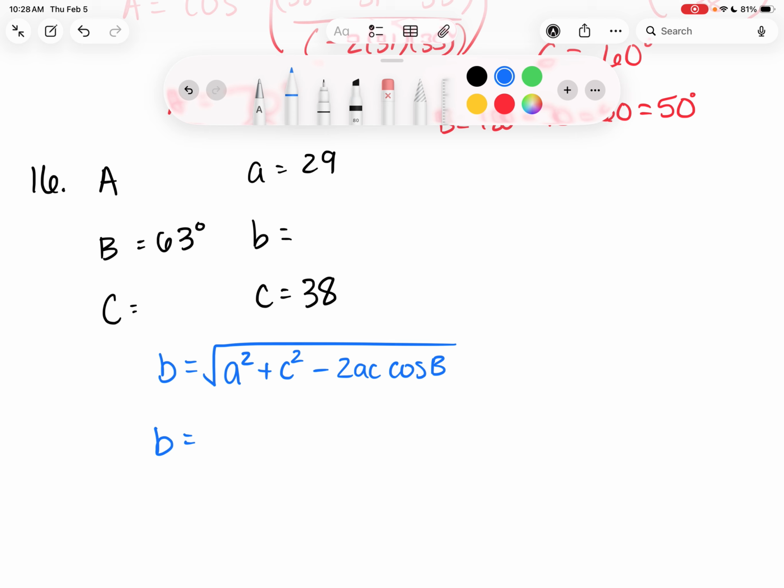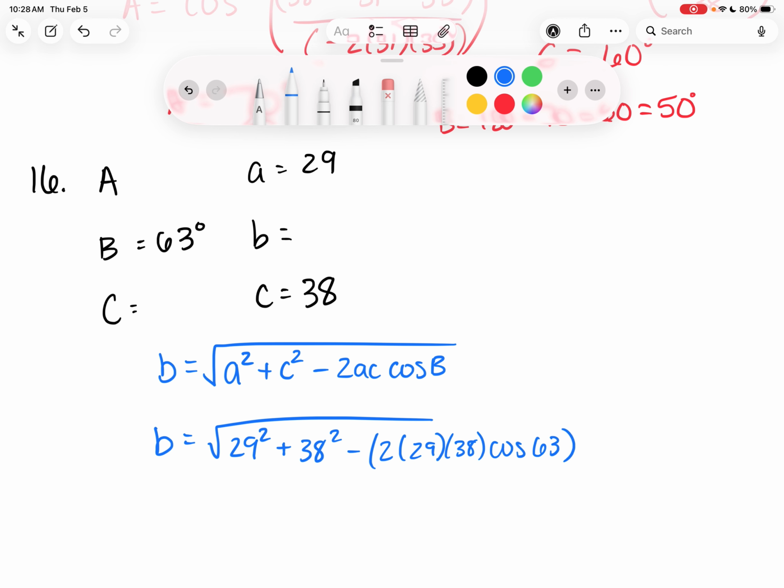So B is the square root of 29 squared plus 38 squared minus, make sure you use parentheses on this part when you're typing it in, 2 times 29 times 38 times the cosine of 63. Should be 36.